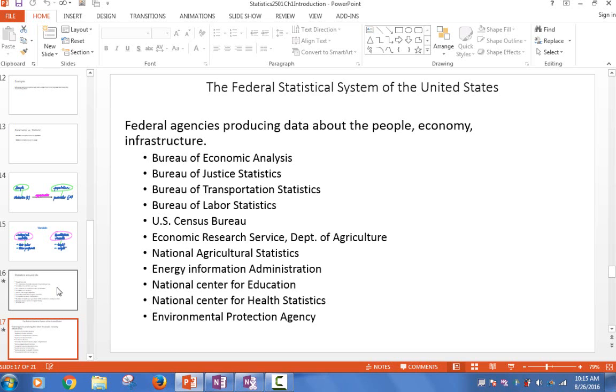So the Bureau of Economic Analysis, they do a lot of the economic stuff. Bureau of Justice Statistics, Bureau of Transportation Statistics, Bureau of Labor Statistics, U.S. Census Bureau. If you get a package in your mail from the census, by law, you have to complete it, right? So, Economic Research Service, Department of Agriculture.